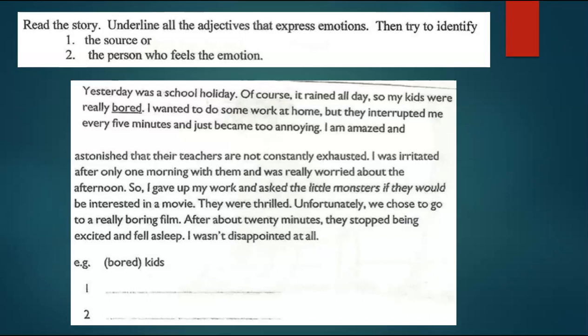So they are bored, and the rainy holiday is boring. Then the children became annoying. The children are annoying, so the mother is annoyed. And they begin to identify that the person who feels the emotion has the ed adjective, and the source of that emotion has the ing ending.